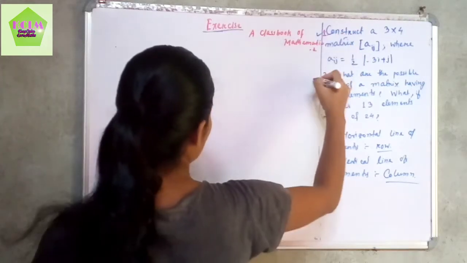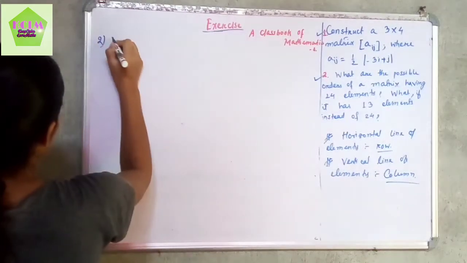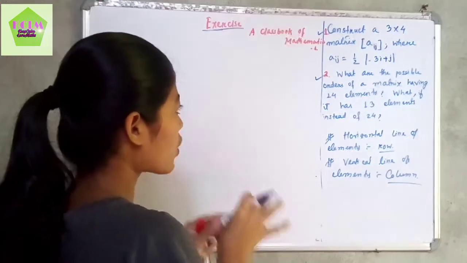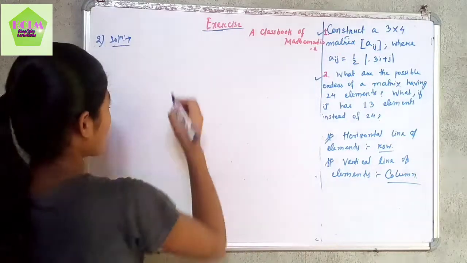So 1 is done. Now question number 2 solution. What are the possible orders of a matrix having 24 elements?